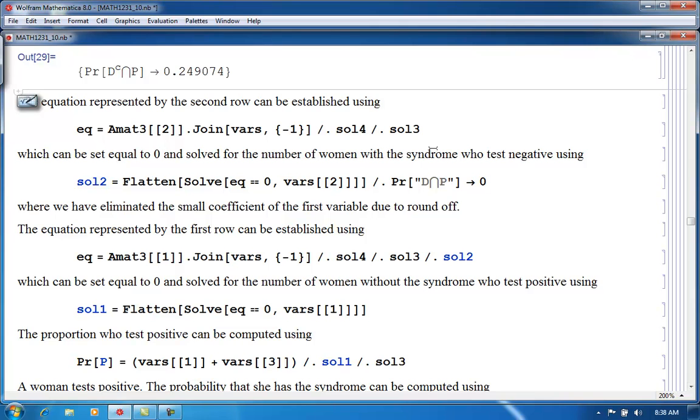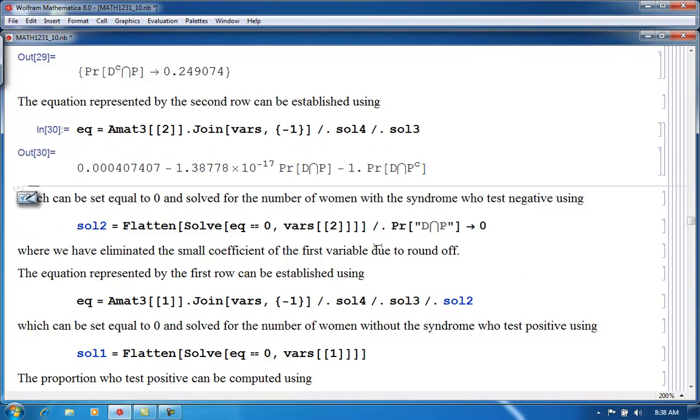And now we continue. So we take the second row and we put our solutions for the third and the fourth variables into that, and that should give us an equation for the second variable. Well, it almost does, but remember we've got this round off error here.